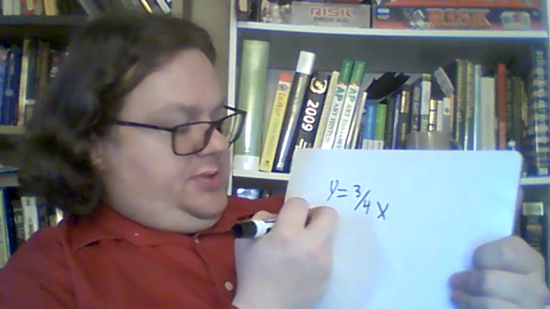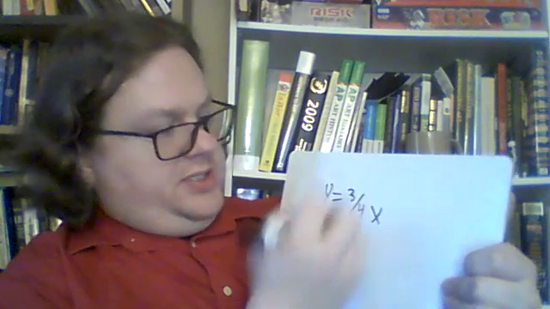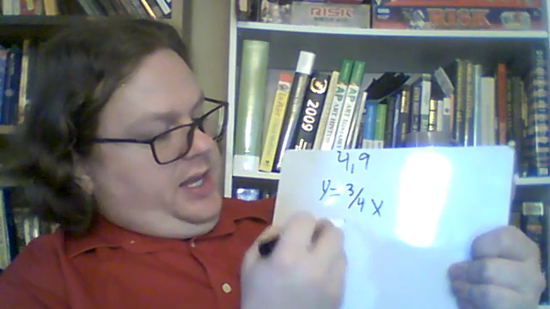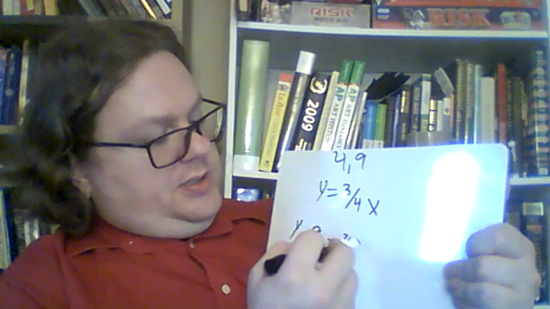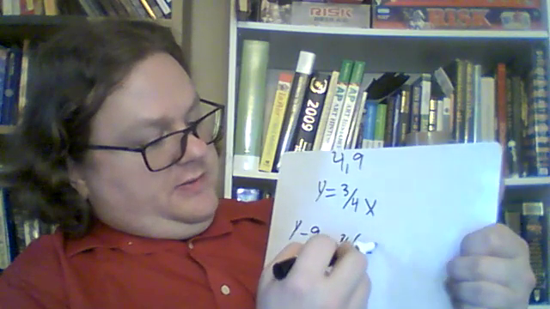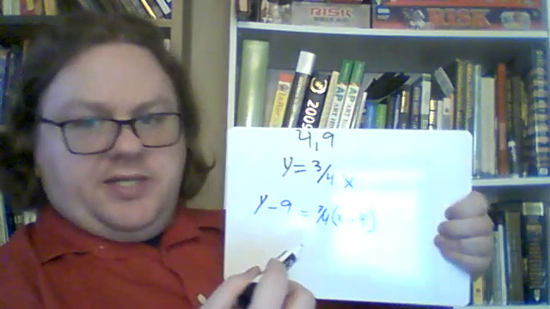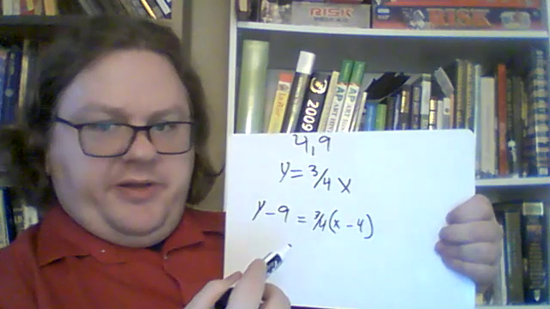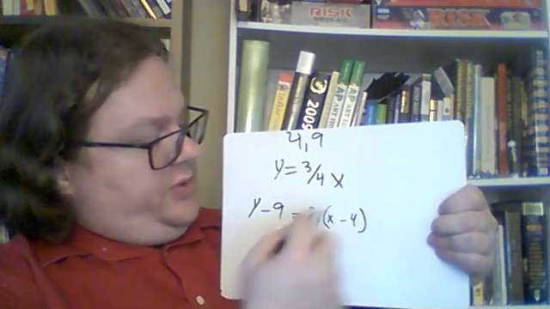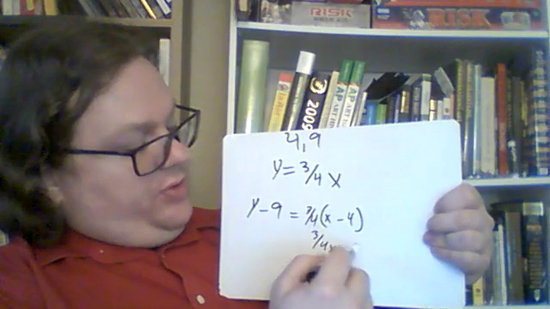So we're going to use y minus y1, which is 9. Let me write that, 4, 9. Y minus 9 equals m, 3/4, times x minus 4. So I'm going to take this 3/4 and distribute it. 3/4 x minus 3.